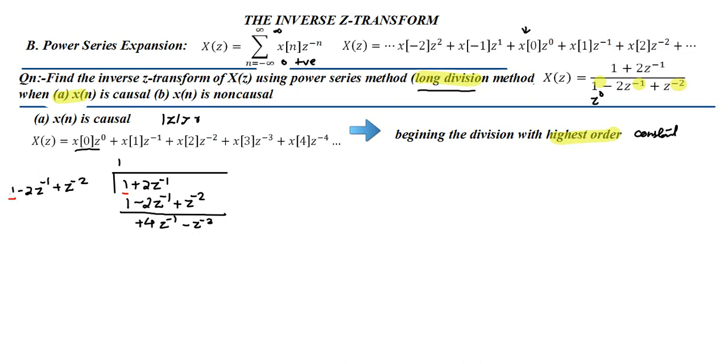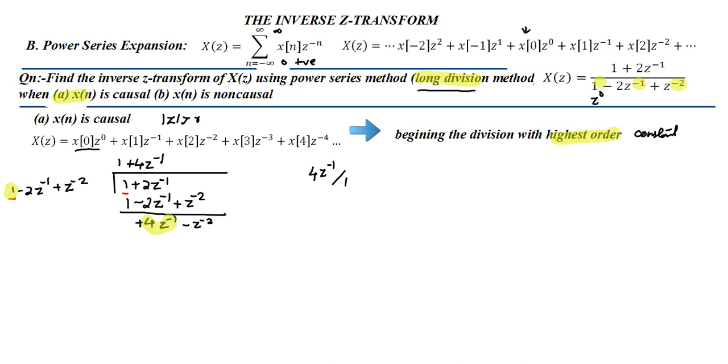Now again we perform the division. We consider the term 4z raised to minus 1 and 1. Dividing 4z raised to minus 1 by 1, we get 4z raised to minus 1.